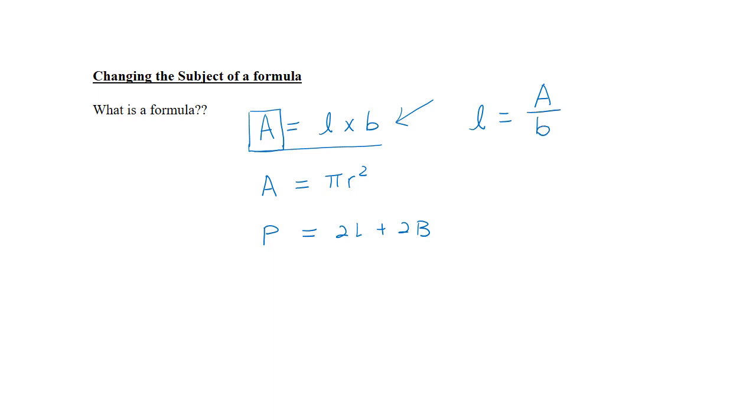When you do that, the length is on the left-hand side of the equation, so L is then the subject of this formula. Okay, so this is an easy example. We are going to look at a slightly more difficult example that is found in your textbook.